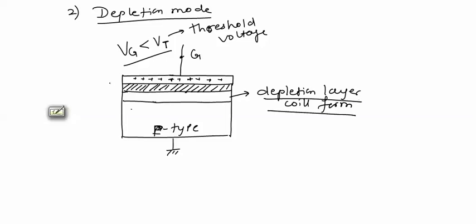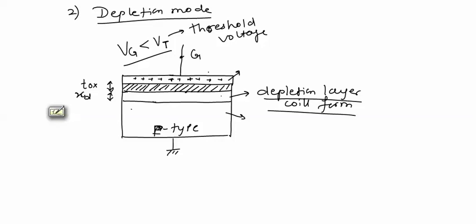This is the oxide layer, and this is the width of depletion layer, that is XD. Now we can see this is a non-conducting region. All the charge carriers in this particular region are repelled away, and because there are no charge carriers in this region, we can say that this region is also a non-conducting region along with this.